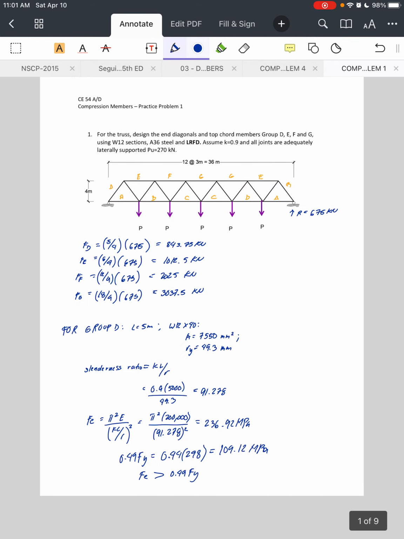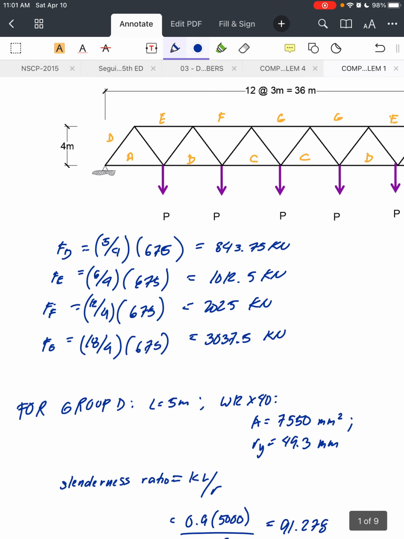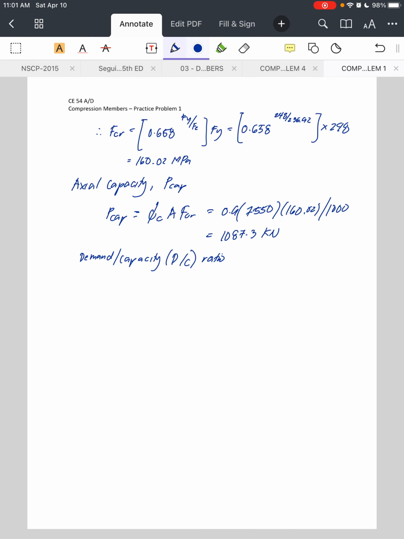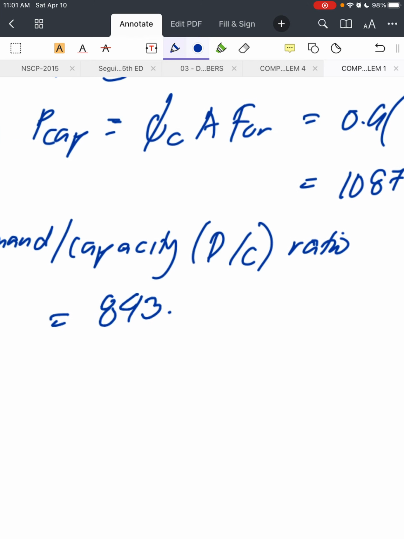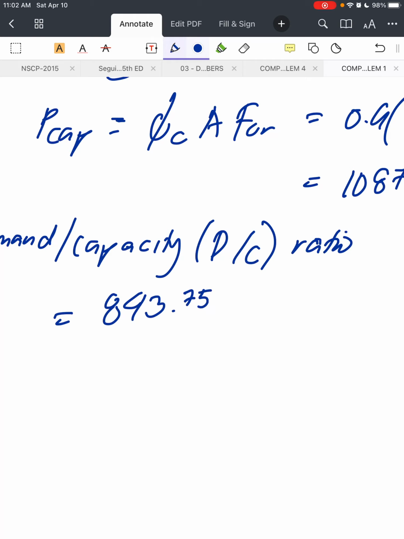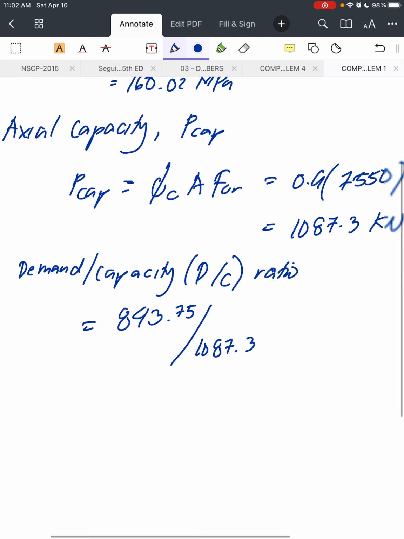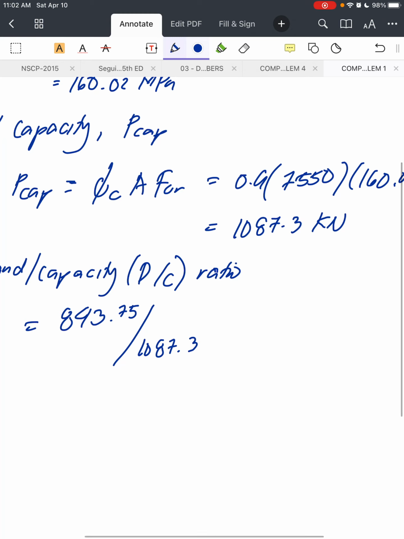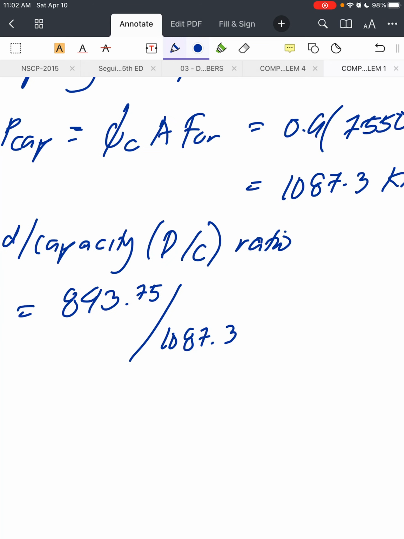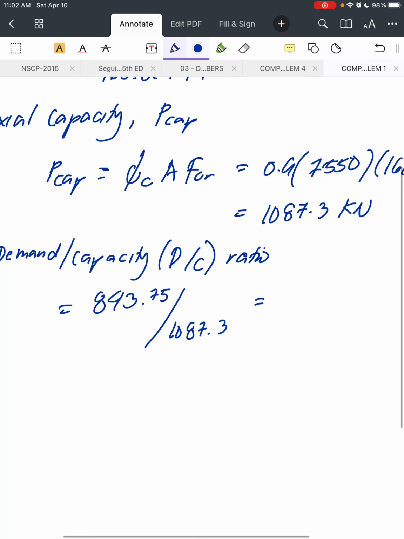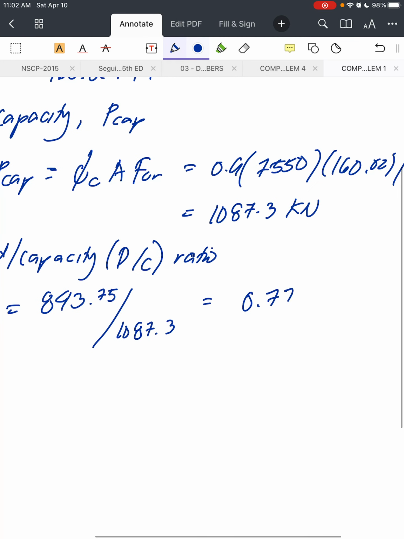So according to our maximum forces, your FD is 843.75 over 1,087, which is the actual capacity of your W12 by 40. So computing this, you have 0.776.